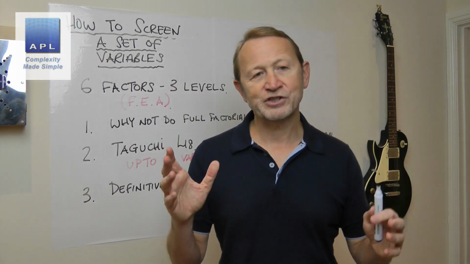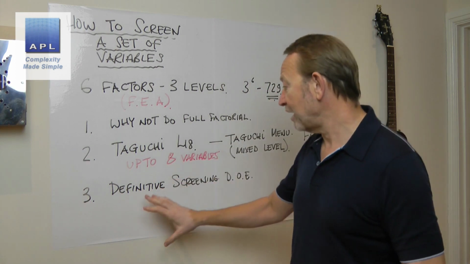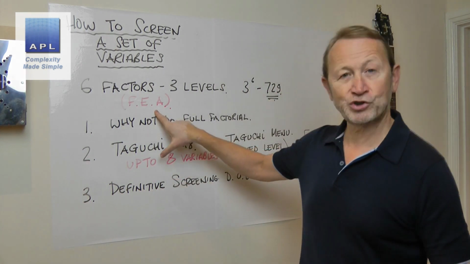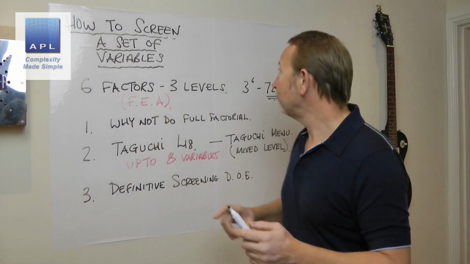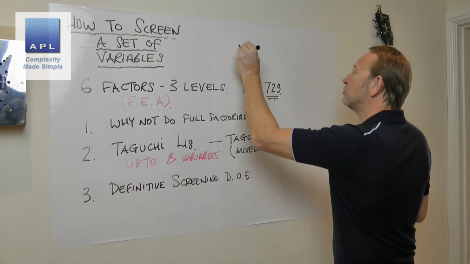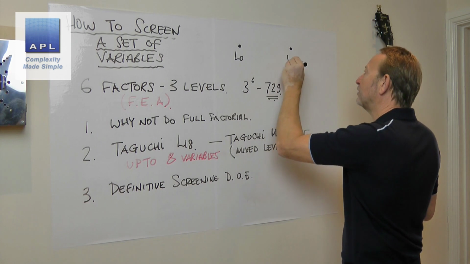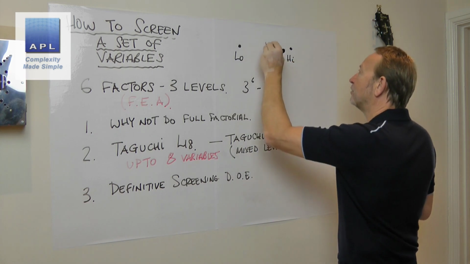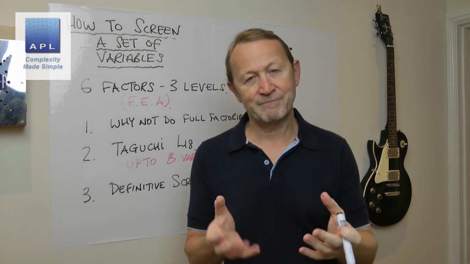Now just one thing to say if you're going to use a definitive screening design, and Anil, you won't have a problem because you're doing FEA. What the software is going to do, as you can see from the window, is you tell it a low value and a high value, and the computer is going to calculate the midpoint.